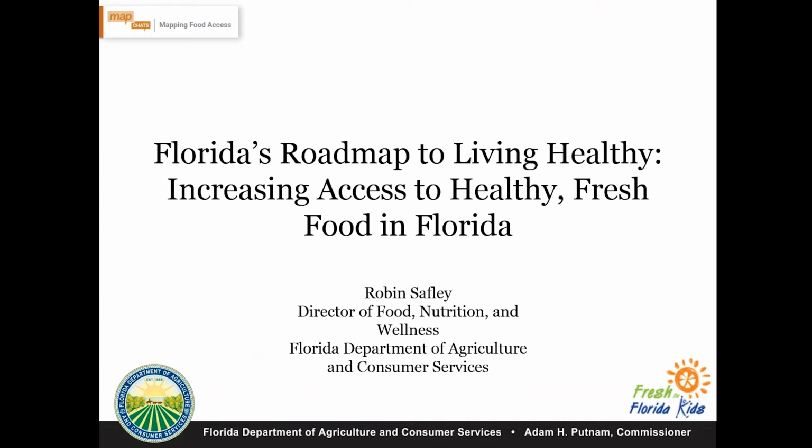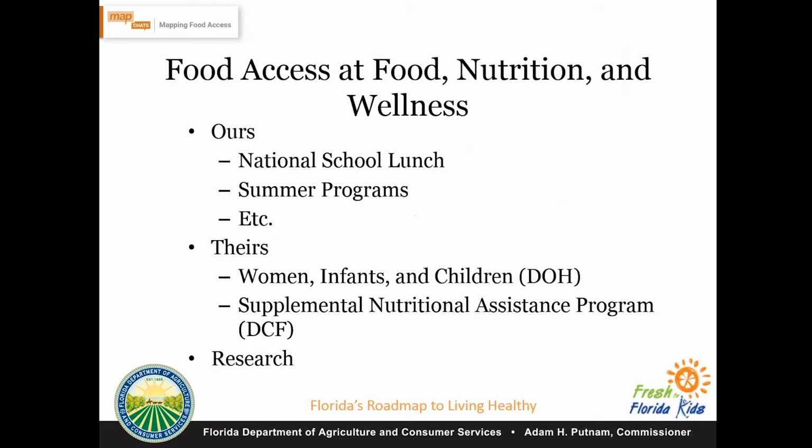Obviously, as the presenter, I'm talking from the perspective of a state and the use of GIS data in helping us manage our programs and target our resources more effectively. I want to go with you through how we began this journey and how we realized that GIS mapping and analysis would help us.